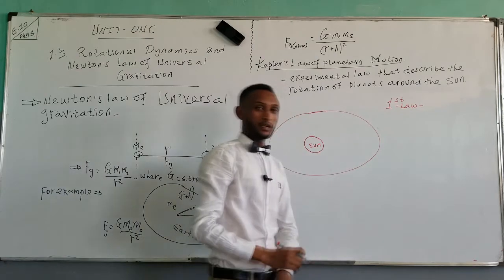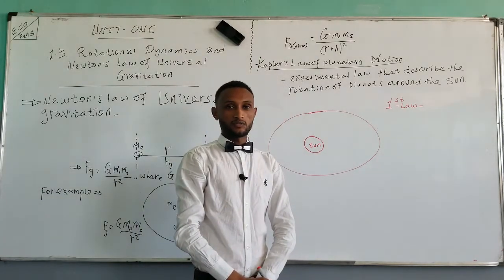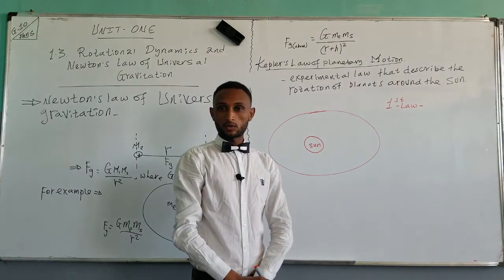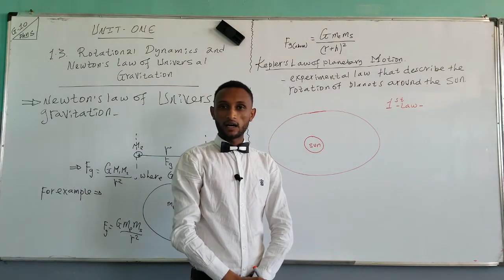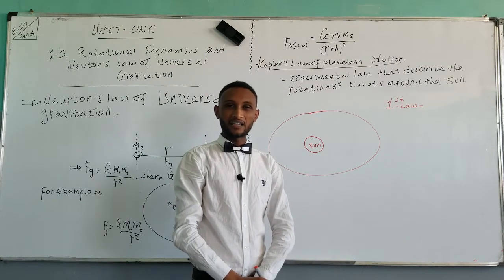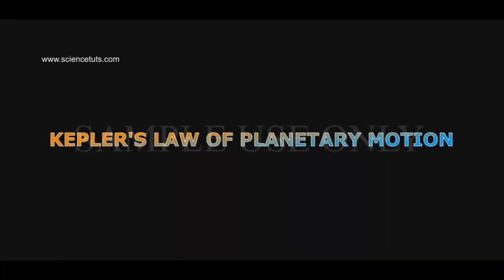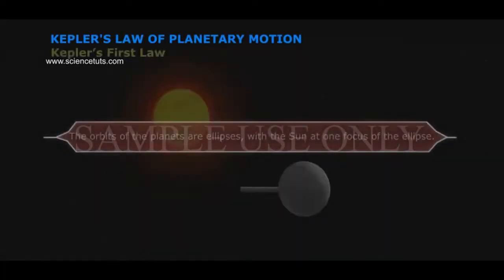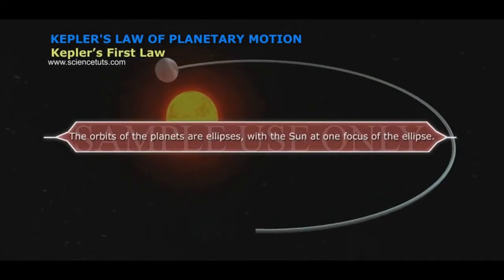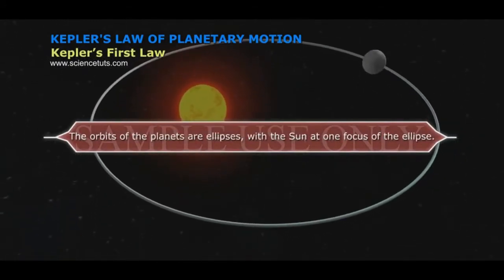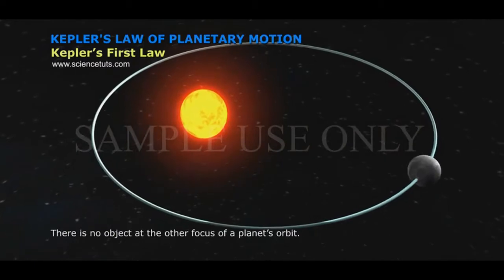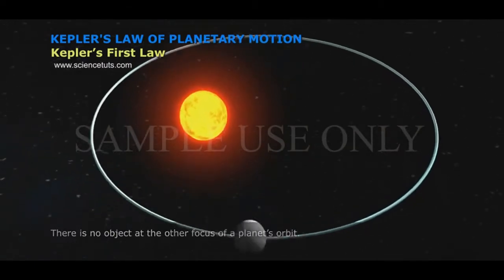The first law states that the planets in the universe rotate around the sun in an elliptical path with the sun at one focus. In his first law, Kepler states that the planets orbit the sun on an elliptical path at one focus.